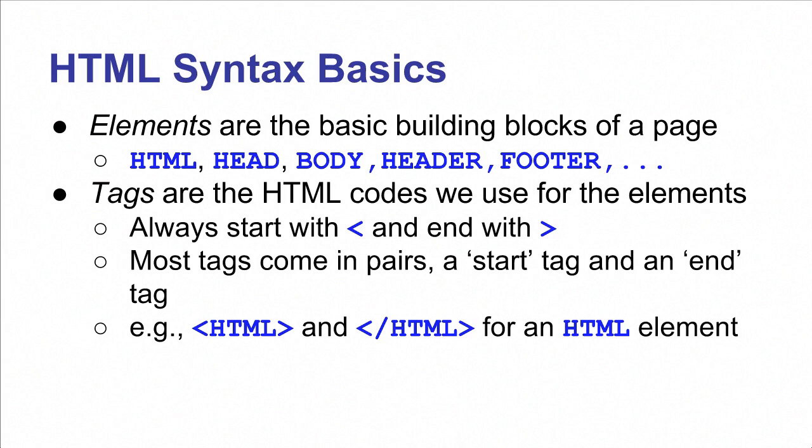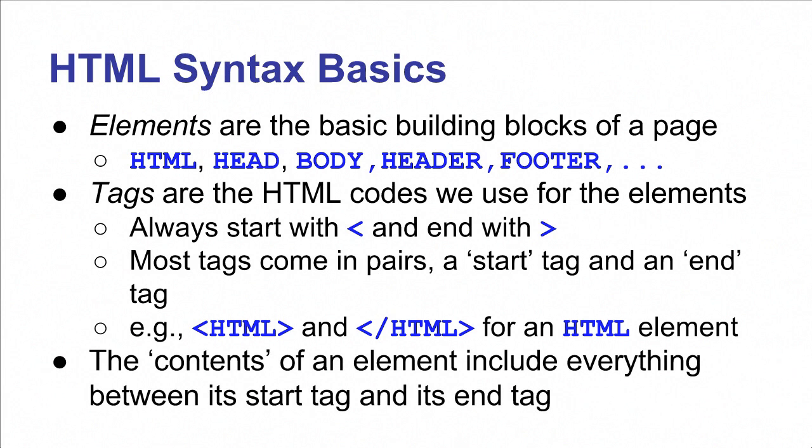Note that end tags always include a slash before the element name. Whatever is between the start tag and the end tag is considered the contents of the element. This allows the elements to contain other elements, breaking up pages block by block, section by section.